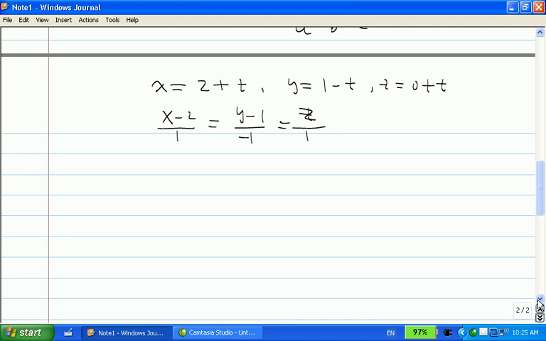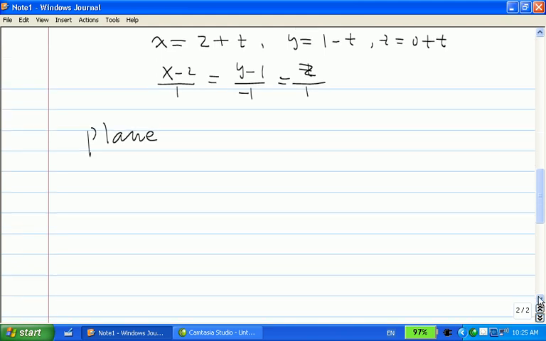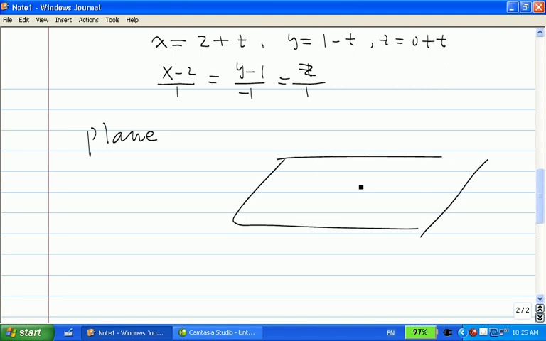To find the equation of a plane, we also need two things. We're looking for the equation of the plane. One is a point on the plane.